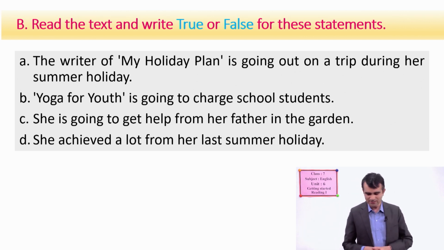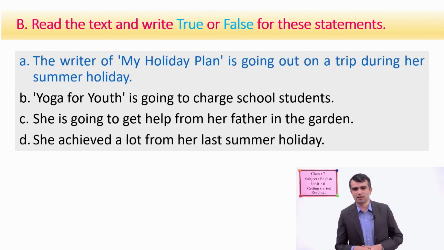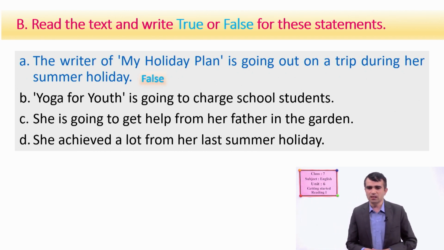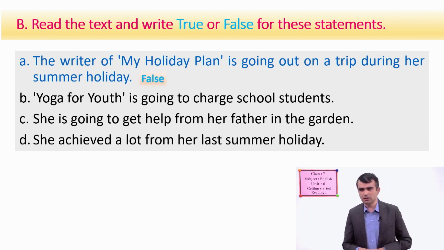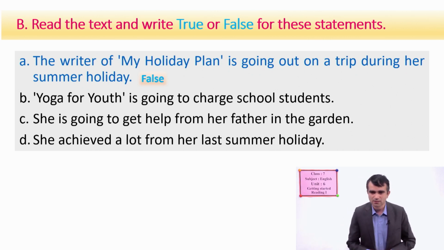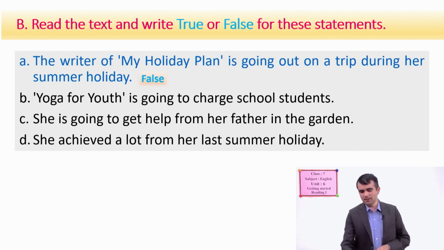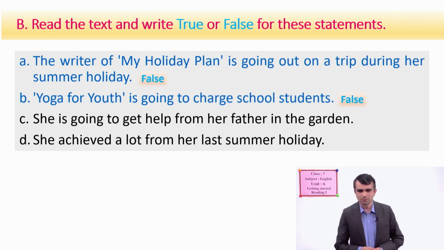No. Very good. She is going to join yoga and then going to do some gardening. So this is false. Very good. Okay, that is false. Next one, Yoga for Youth is going to charge school students. True or false? Okay, that is also false. Very good. Because without money it is providing class. Is it so? For a school student.